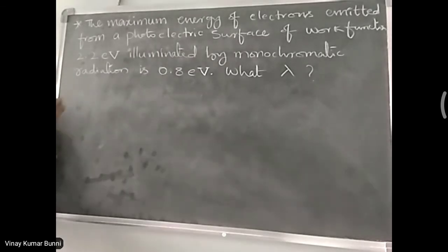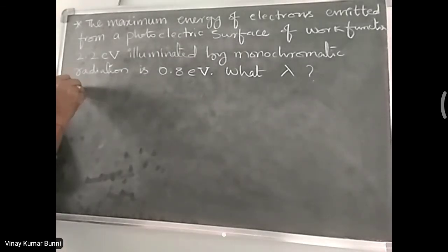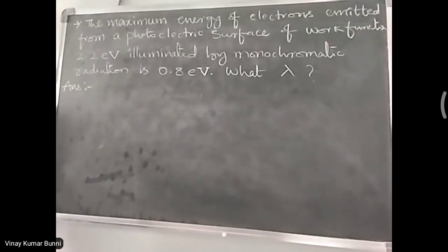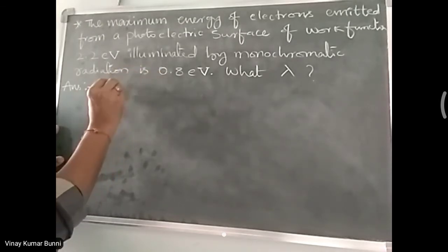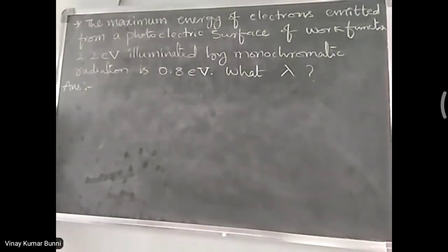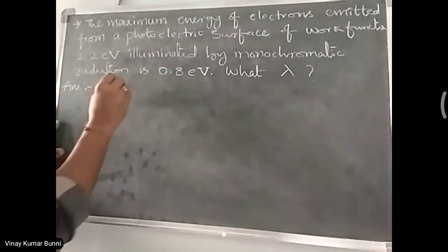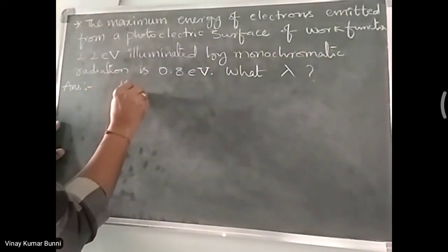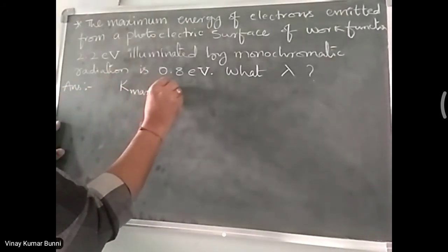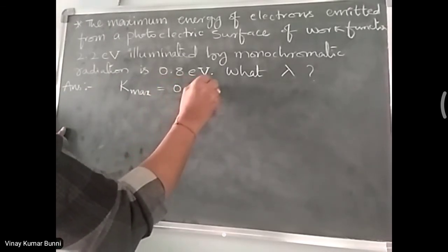Now let's write all the things in order. One by one, the energy we can write as kinetic energy, which we write as K max, equal to 0.8 electron volts.